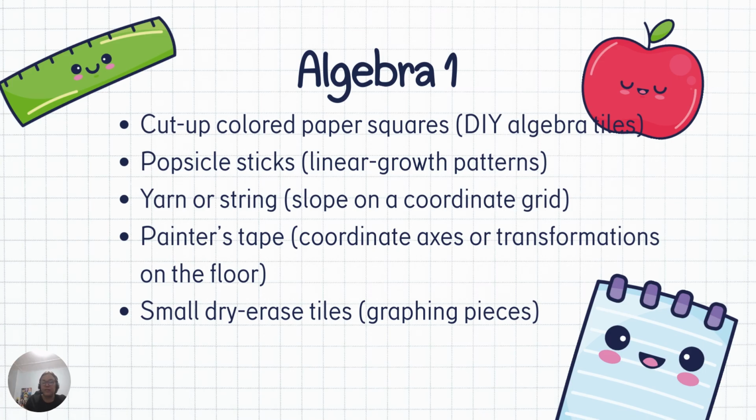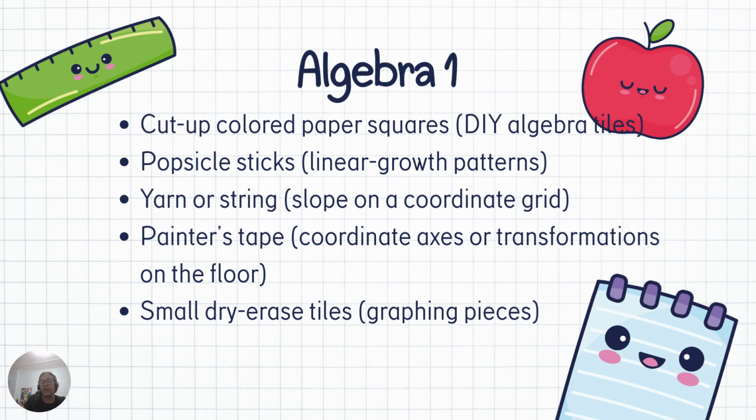For Algebra 1, simple materials can stand in for more formal manipulatives. Cut-up pieces of colored paper function as inexpensive algebra tiles. Popsicle sticks work well for modeling arithmetic and geometric patterns. Yarn or string can be stretched across a coordinate grid to demonstrate slope.